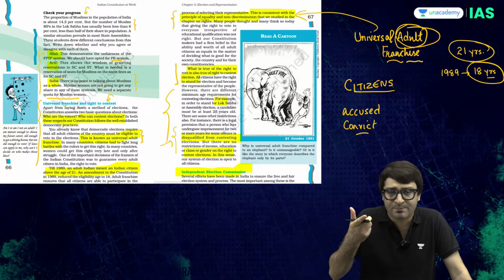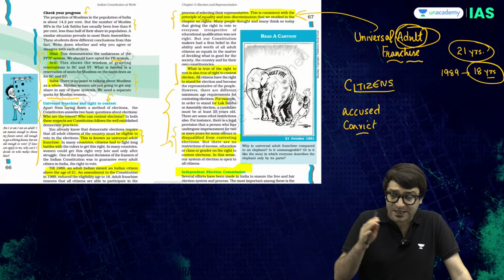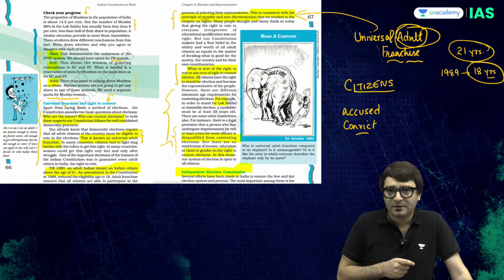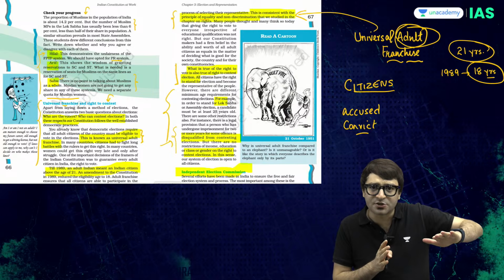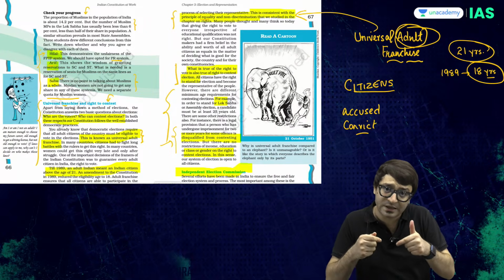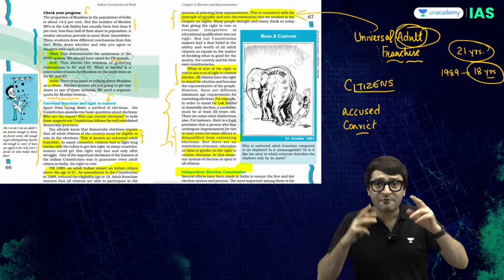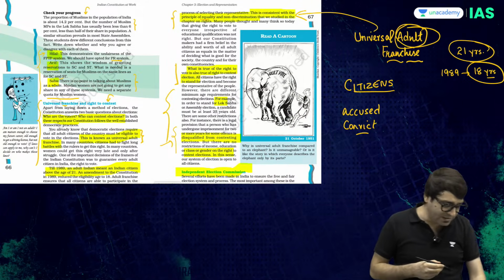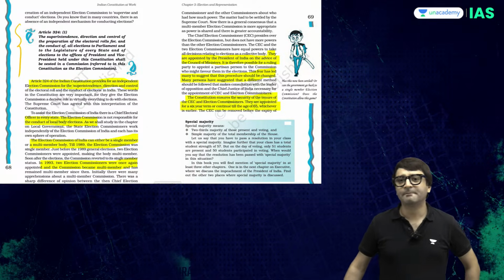I will organize the election in such a manner, on such dates, at such time, under such methods and rules that it favors my political party. That is why the Constitution has entrusted the responsibility of organizing free and fair elections to an independent body known as the Election Commission of India.